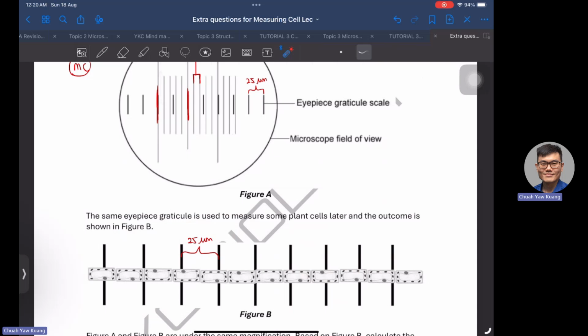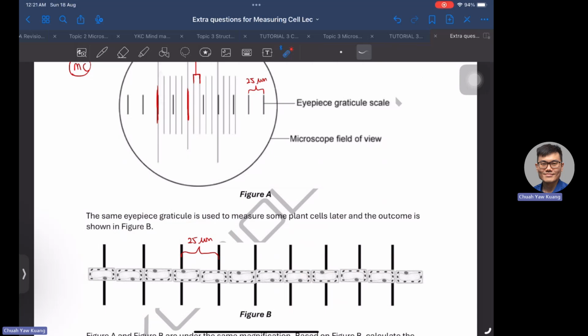So how can we measure that? Well, we can see how many cells can fit exactly into the pitch or pitches of the eyepiece reticule. In other words, we need to find the cell that aligns perfectly on the line or scale of this eyepiece reticule.